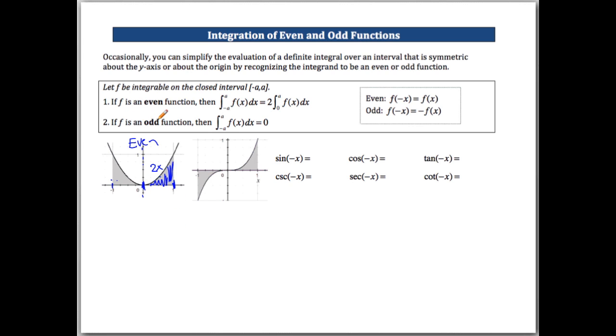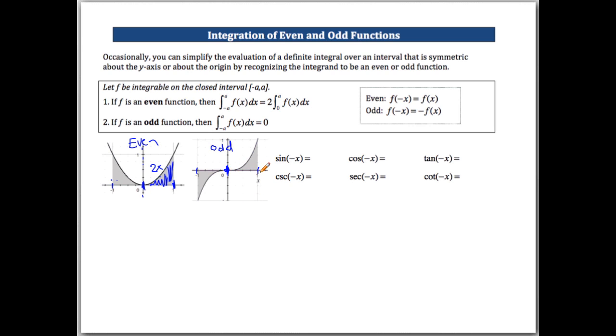Now if f is an odd function, then the definite integral from negative a to a of f of x dx equals 0. So here is our odd function. And notice that it's symmetrical about the origin, so it has rotational symmetry. If we go from negative 1 to 1, we can split this into two integrals.